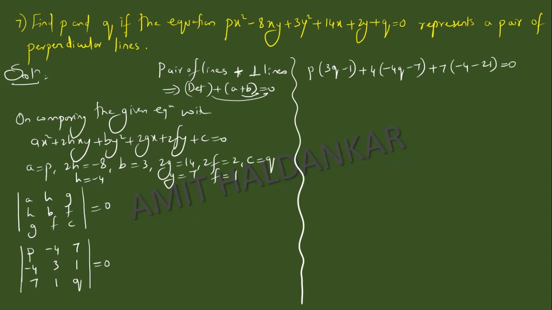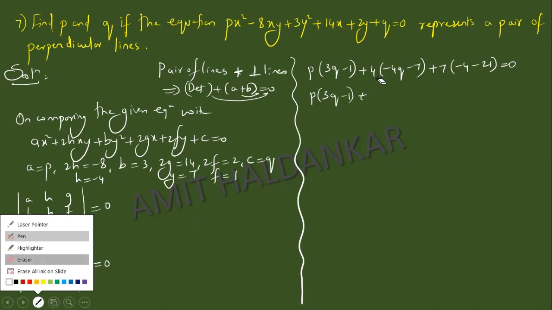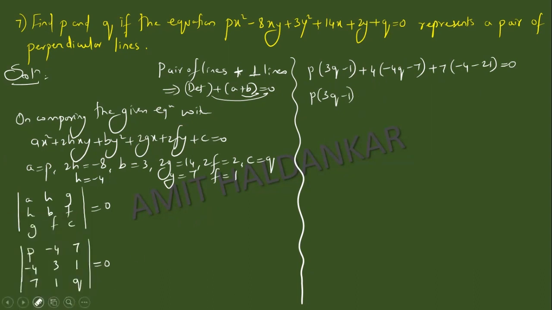So this is the condition that you get. p into 3q minus 1, then minus 16q, 4 sevens are 28, and this will be 25 into 7.